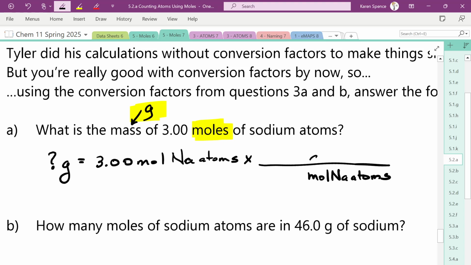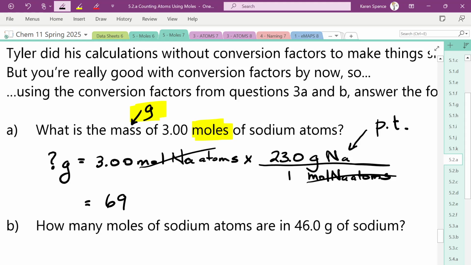And we're going to find the grams of Na. And what numbers do we put in there? 1 mole and 23.0 grams, which we got from the periodic table. Okay, and we get 3 times 23 is 69, and that's my answer.